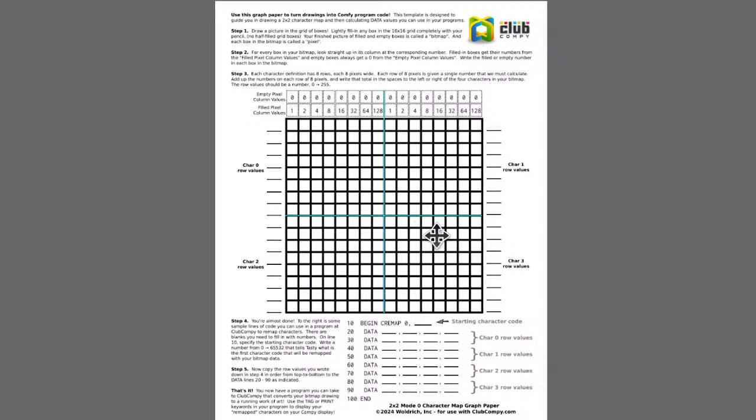So this is, before we had graphical editors, how a lot of people made their artwork for games and stuff. They had graph paper and they would just plot the pixels and then get the number values for them. So to make my drawing effort easier, what I did was I printed out 4 pieces of this paper because I wanted to make a gigantic picture. I wanted to make not a 2 by 2.